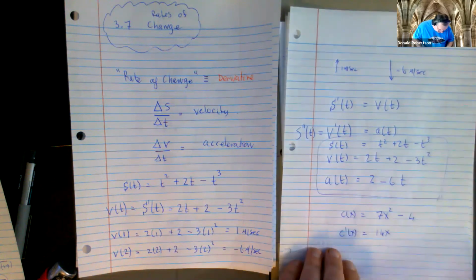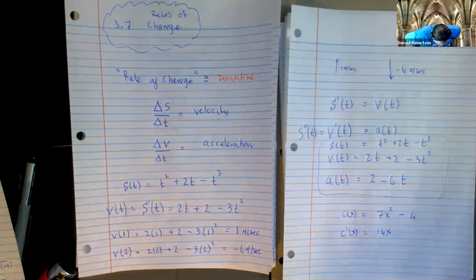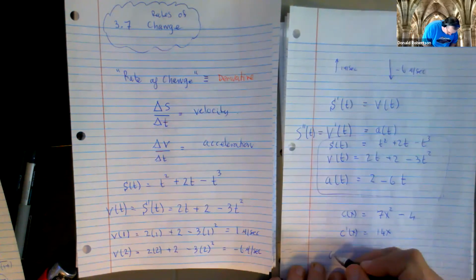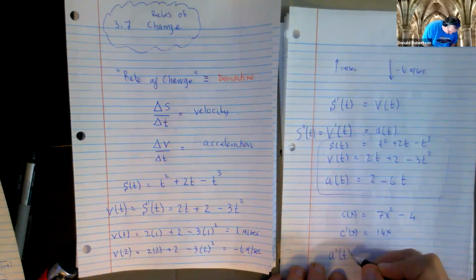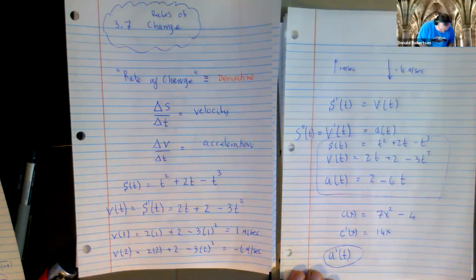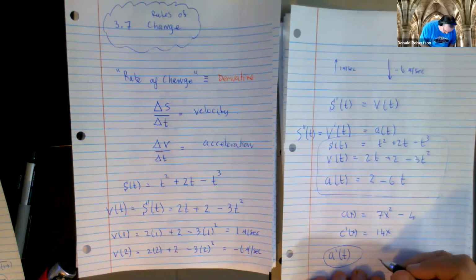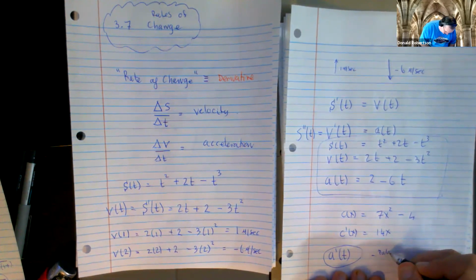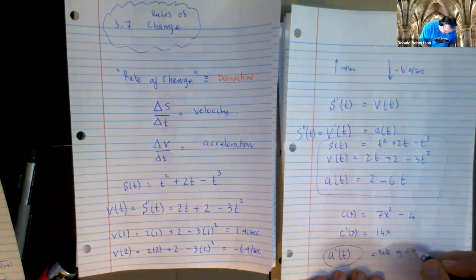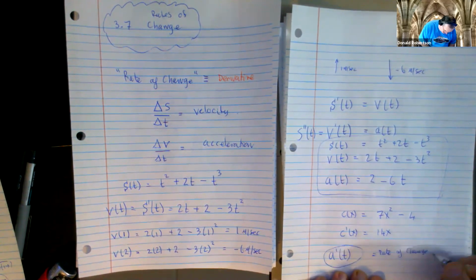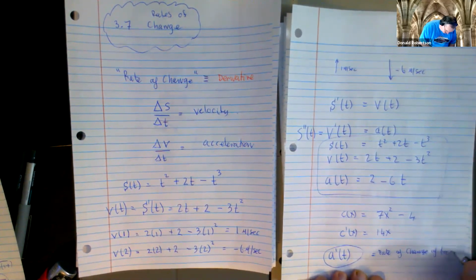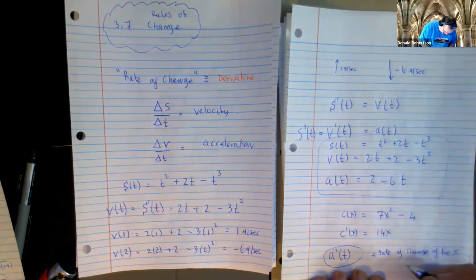For completeness' sake, because I told the other class, and I feel I have to tell you as much as I can remember of the same things. Do you know that if you differentiate the acceleration function, you are getting the rate of change of acceleration with time?